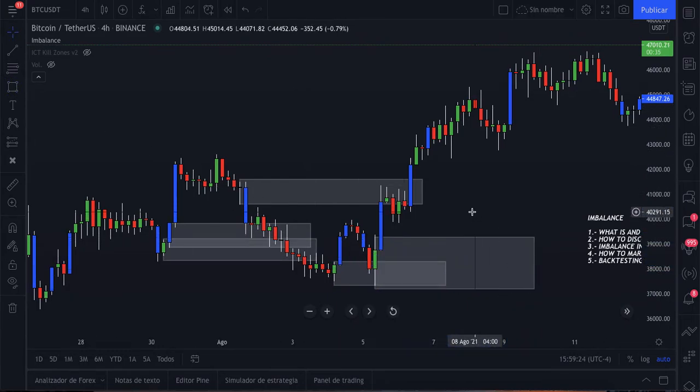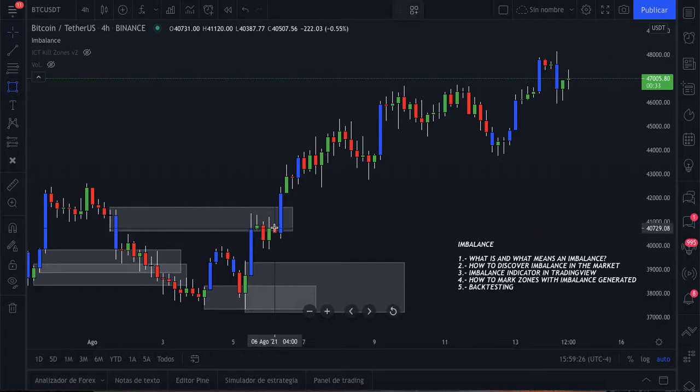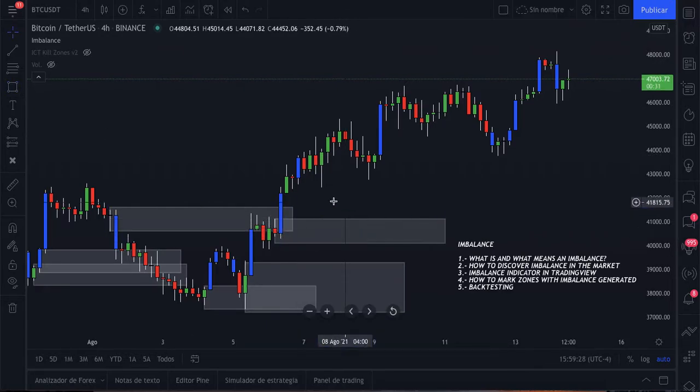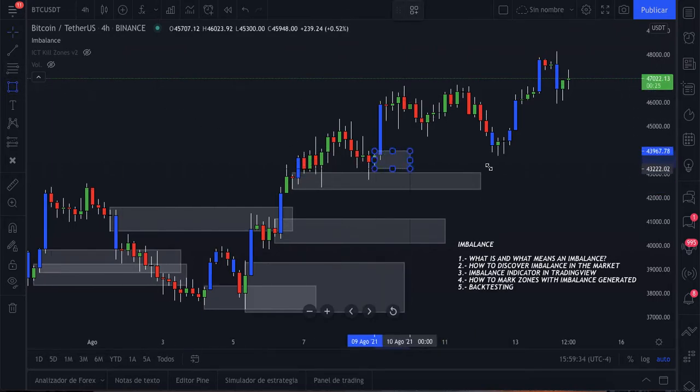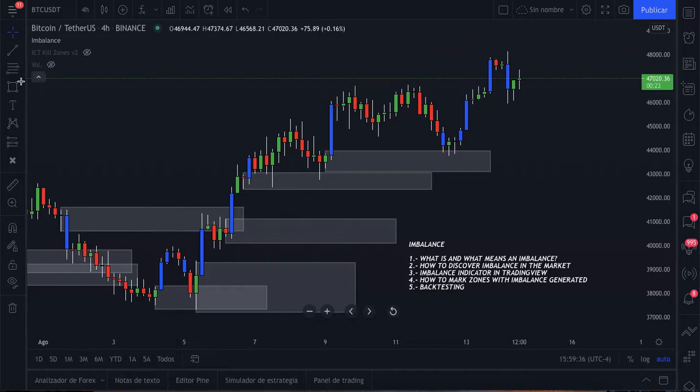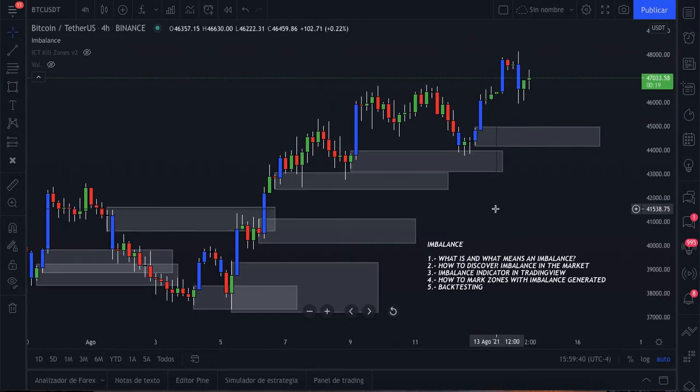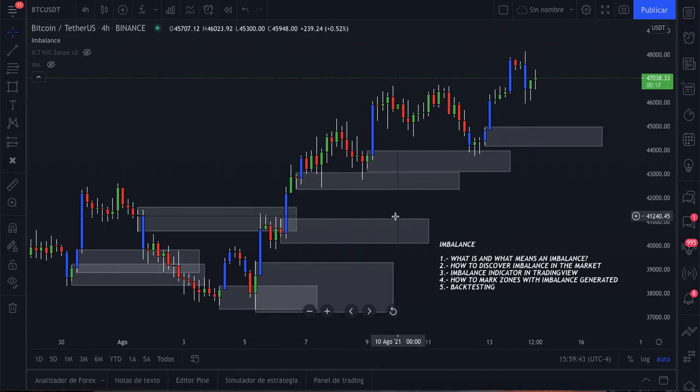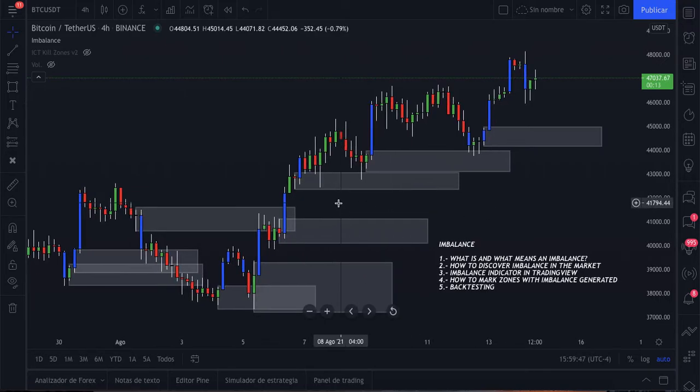That one, that one, just to mark zones. That one, that one. So we can just mark possible zones that have generated imbalance.